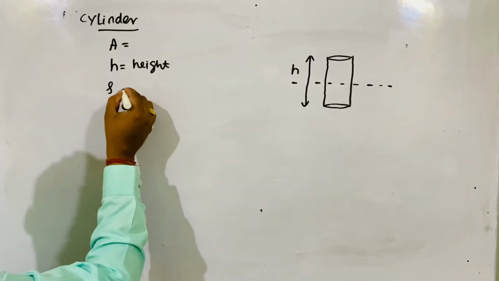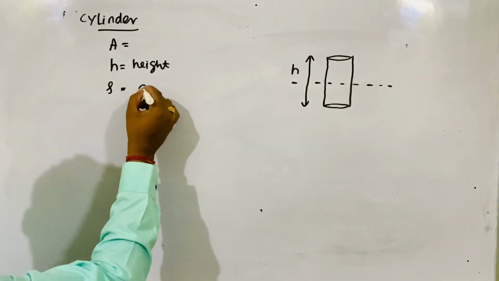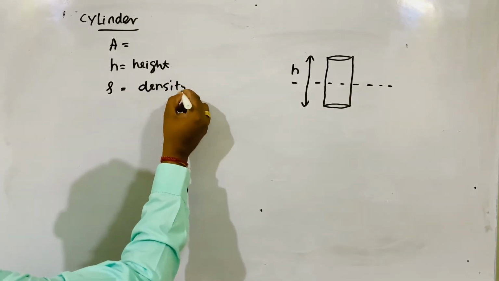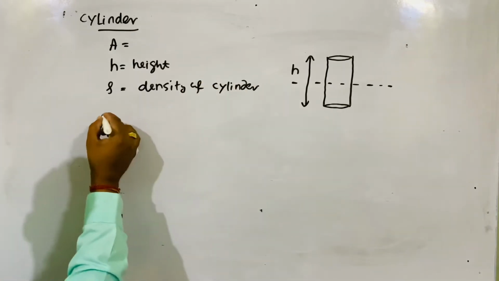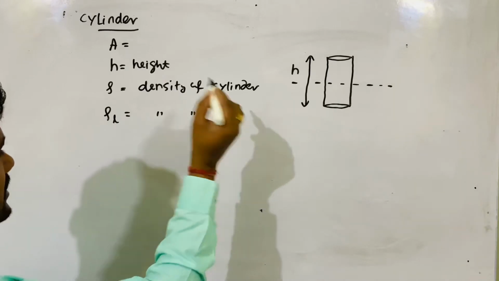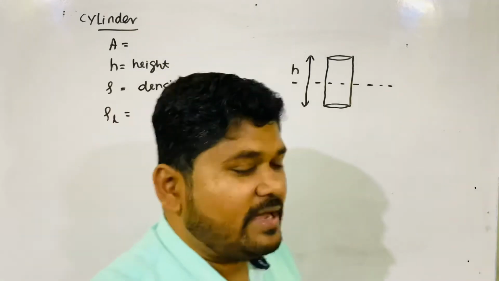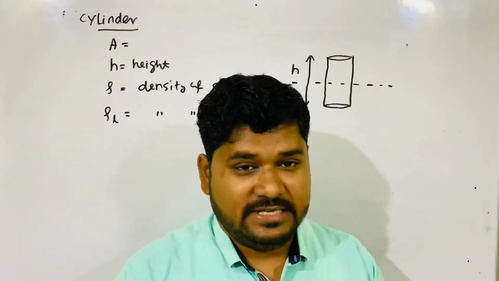Then density: rho is equal to the density of the cylinder. Then the liquid density also we have to consider. Rho L is the density of the liquid, and rho is the density of the cylinder.